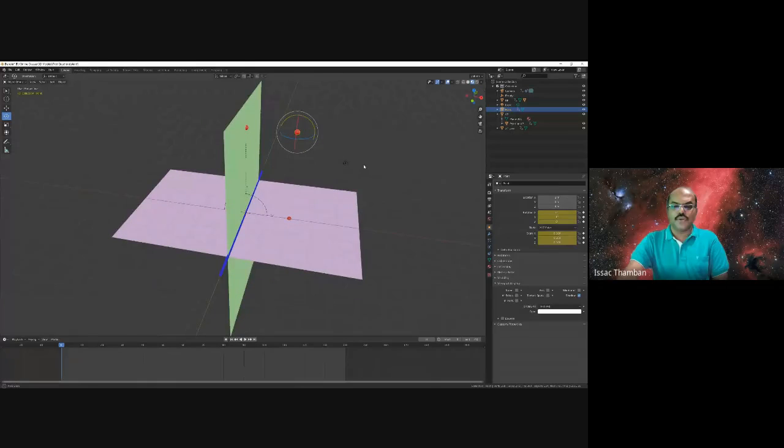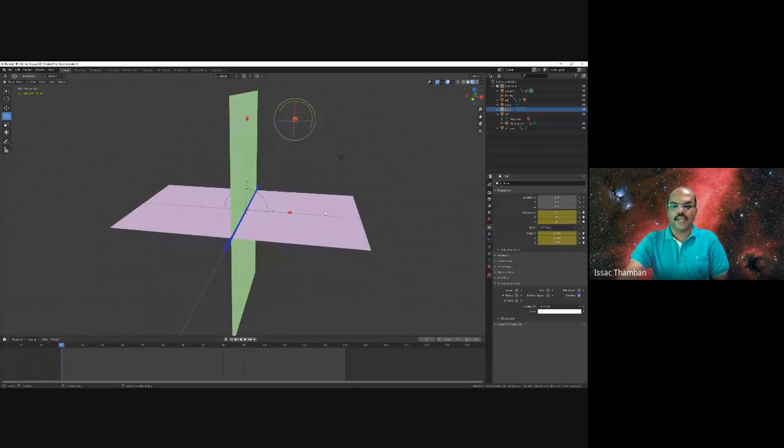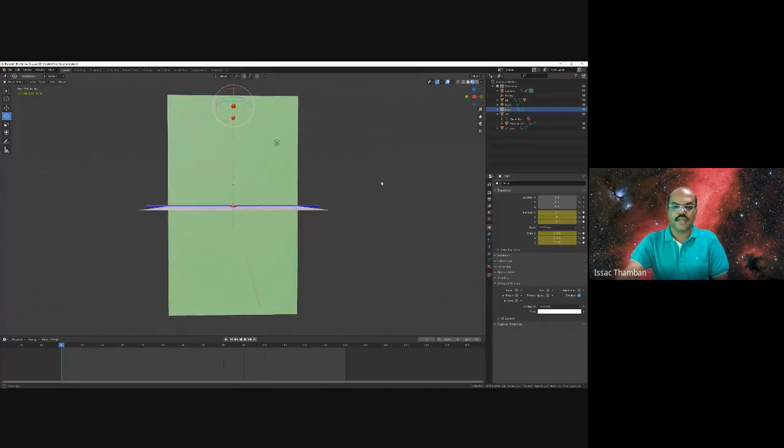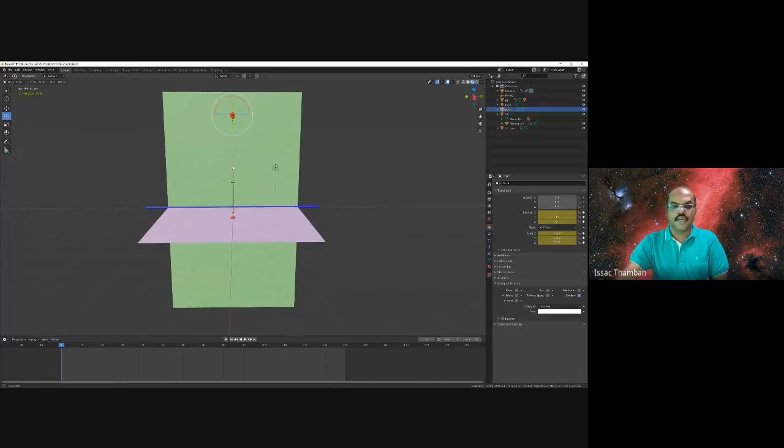What is the specialty of that point? That point is located above HP. So if you are looking from this side, here you are looking from this side towards the vertical plane. So what is the specialty? Here, this point is located above the horizontal plane or HP.